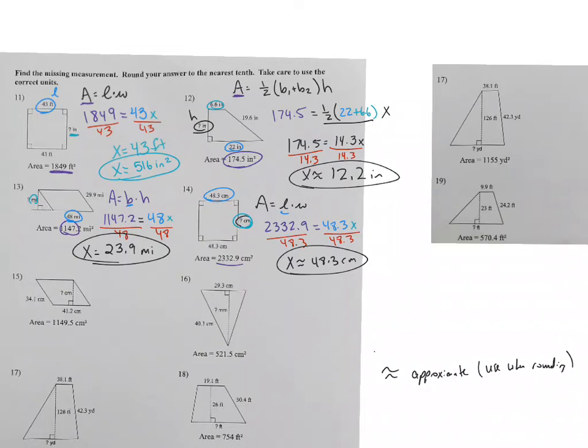We have another parallelogram over here. This is my area, so I'm going to say 1,149.5 is equal to my base, which is 41.2, times my height, which we don't know. So you can just make that an x. You don't have to use h. Now I divide both sides by 41.2.